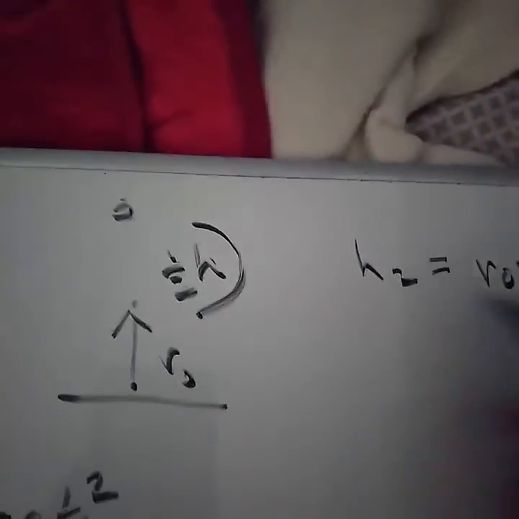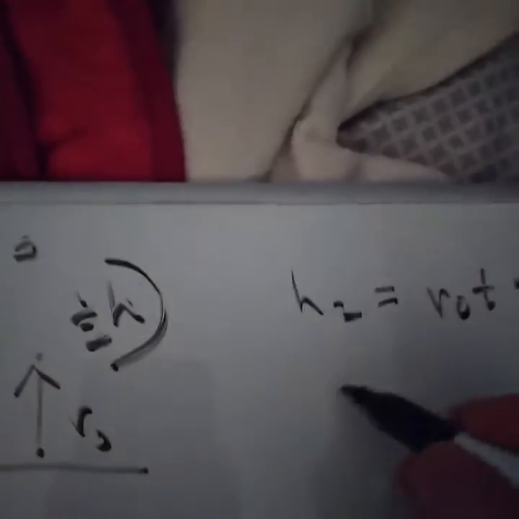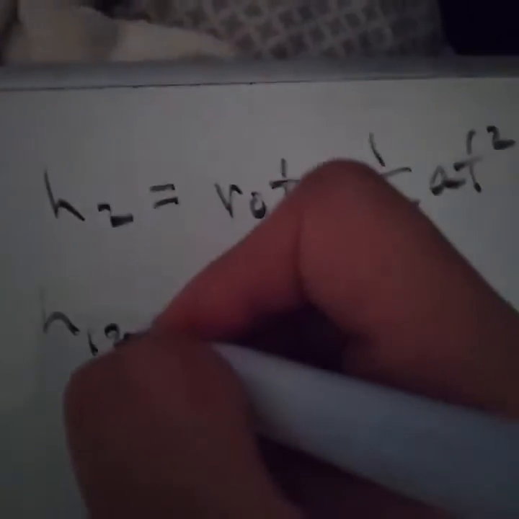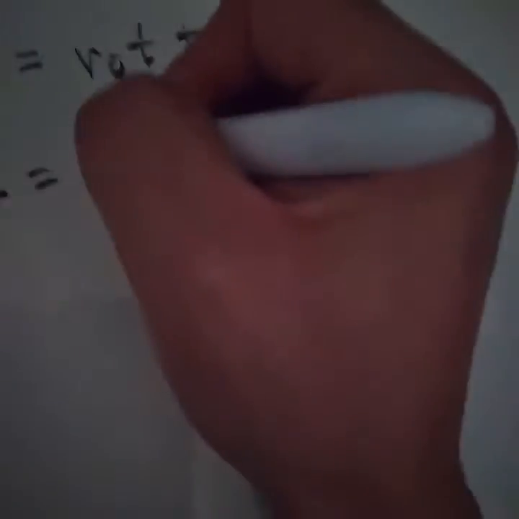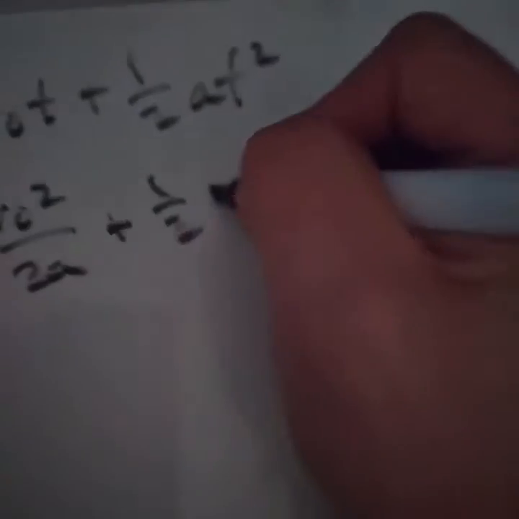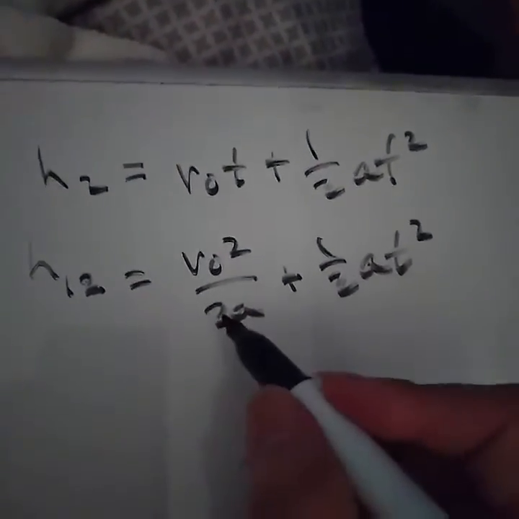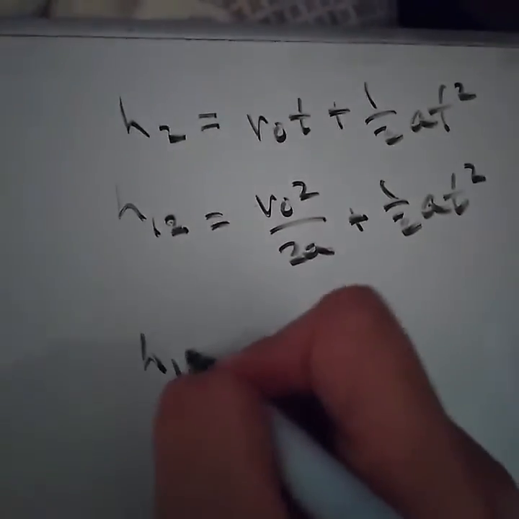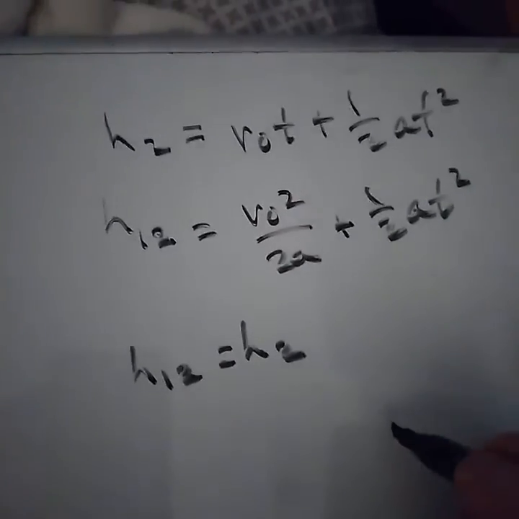What we need to do is set these two objects equal to each other, their heights, their Y position. So that means we have a new one: final position 2. That one was 1, this one is 2. Our initial position is VO squared over 2A, plus 1/2 AT squared. Again, we don't know what T is, so we're going to set these two equal to each other.